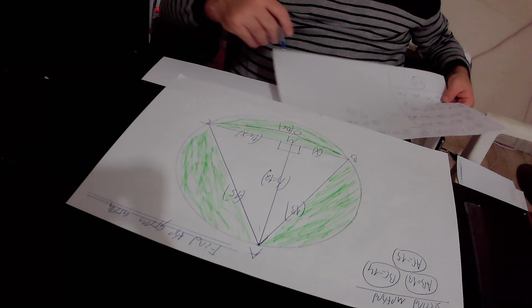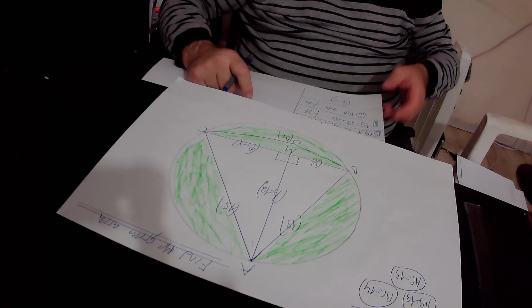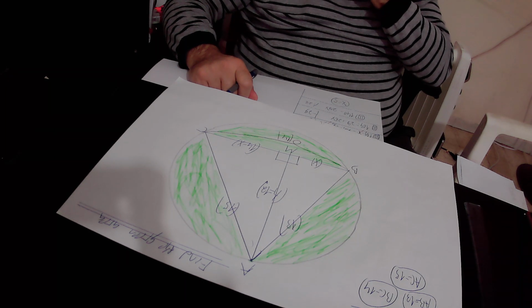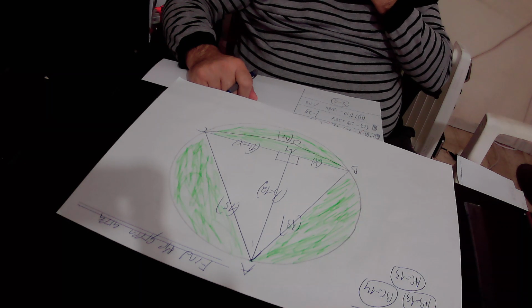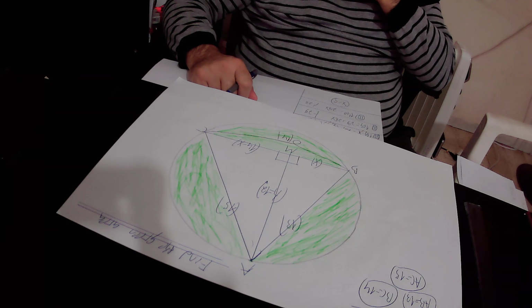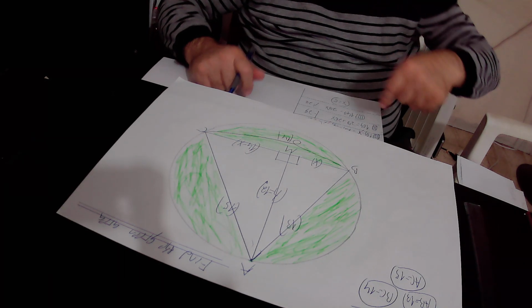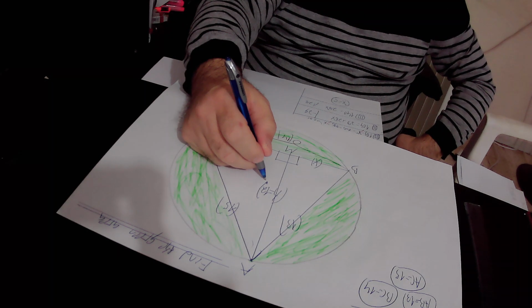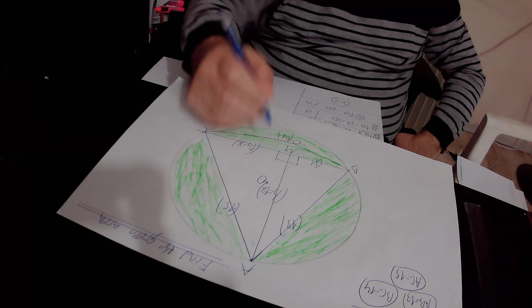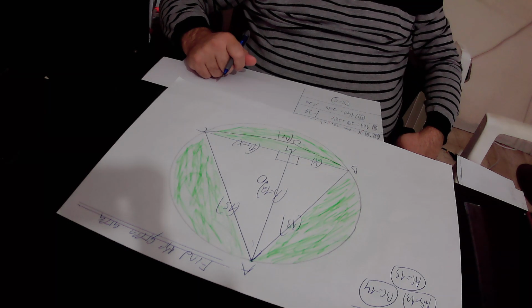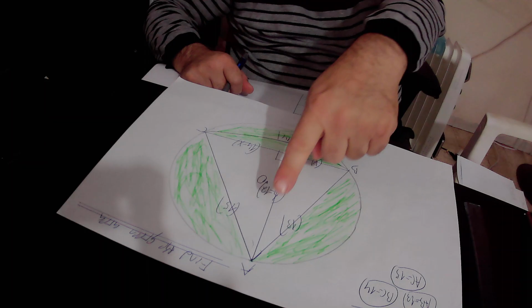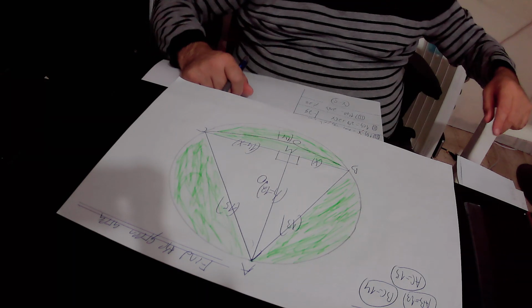Okay. So, in the next step, we will define the center of this circle as O, and we will join points A and O together by a straight line.